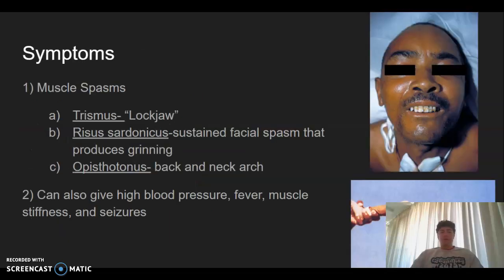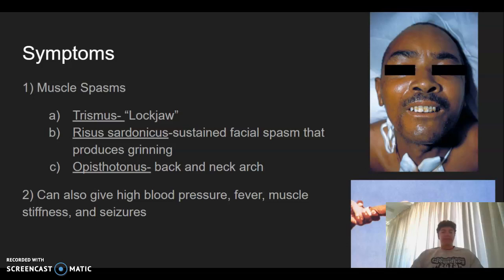Common symptoms of tetanus include muscle spasms, such as trismus, which is that jaw cramping, lockjaw, that happens from the spasm of the masseter muscles and the muscles surrounding the masseter muscle.